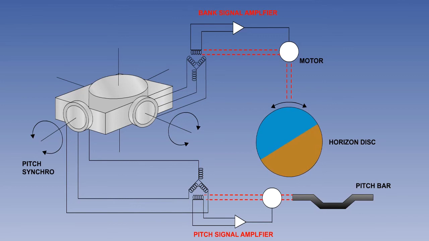Whenever a change of aircraft attitude occurs, signals flow from pitch and roll synchros on the relevant axes of the vertical gyro to the corresponding synchros within the indicator. Servo motors rotate to position the pitch bar and the horizon disc to indicate the changing attitude of the aircraft.